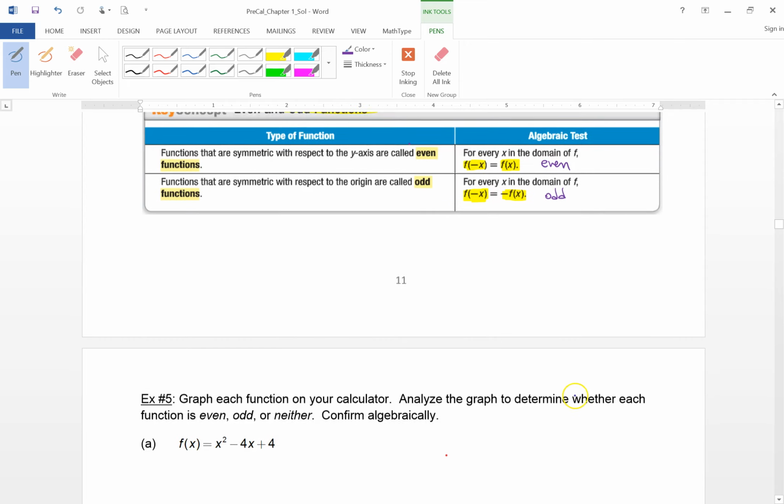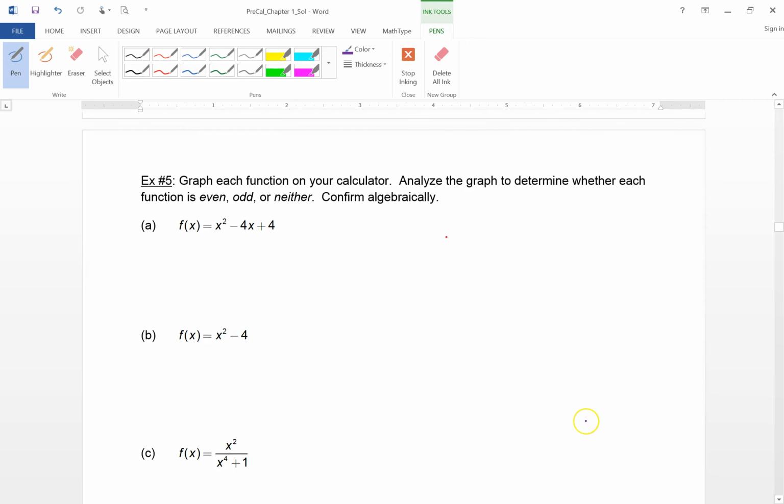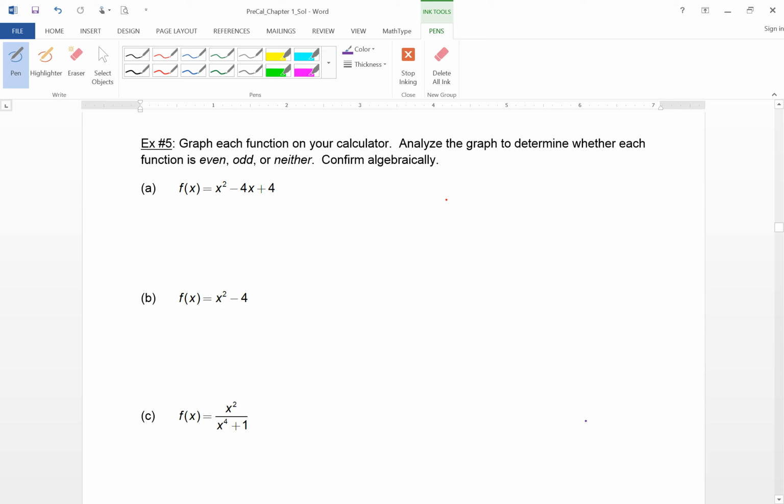Let's do examples. So the test for these is always look at what f of negative x is, okay? So what is f of negative x? I'm going to plug in negative x for each of the x's. So I say negative x squared minus 4 times negative x plus 4.